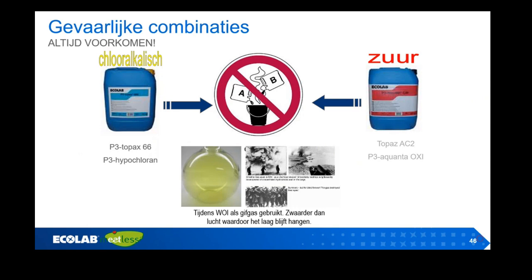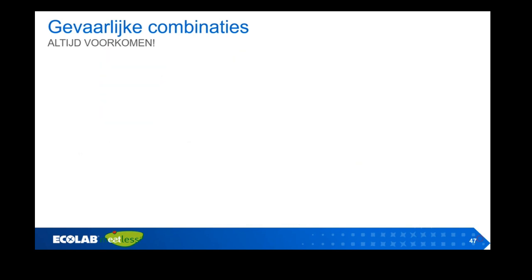But chloralkaline and acid can produce chlorine gas. Chlorine gas is very, very toxic, and you can die from it. They also used it in World War I. So it's a weapon. Do not mix chloralkaline with acid.